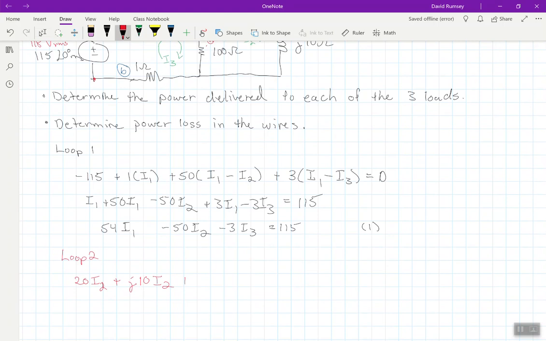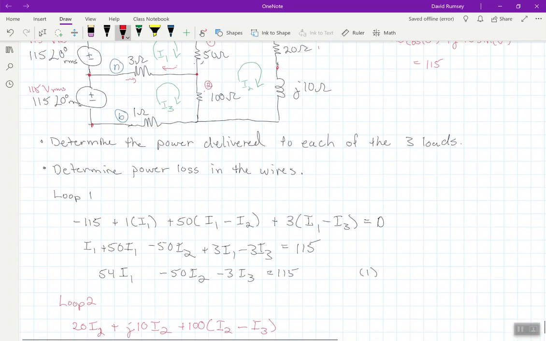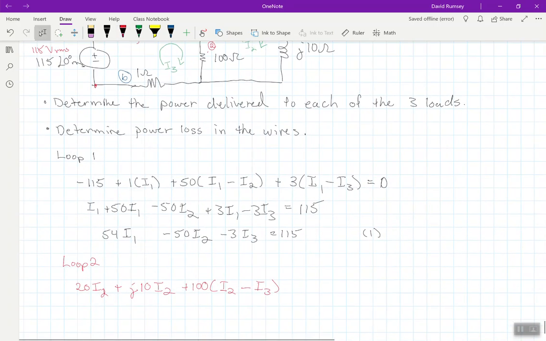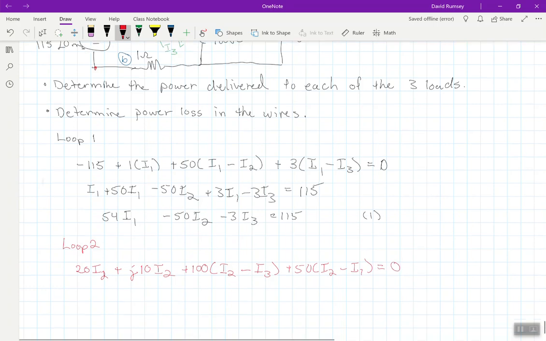So we'd get plus 100, and I'm in loop 2, so that's the positive one. They're going in opposite directions, so I have minus I3. And then finally, I would get plus 50 times I2 minus I1, and this is all equal to 0.